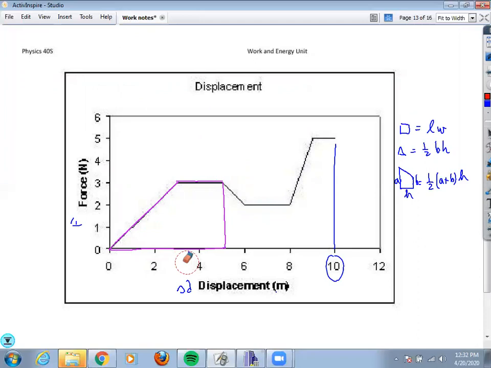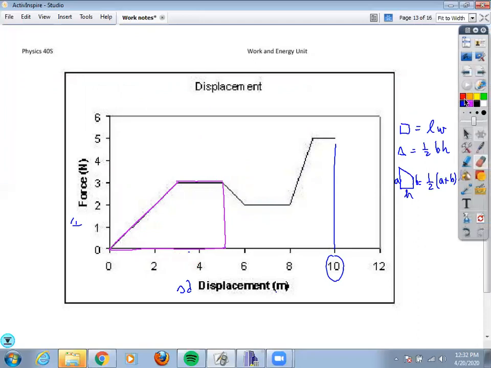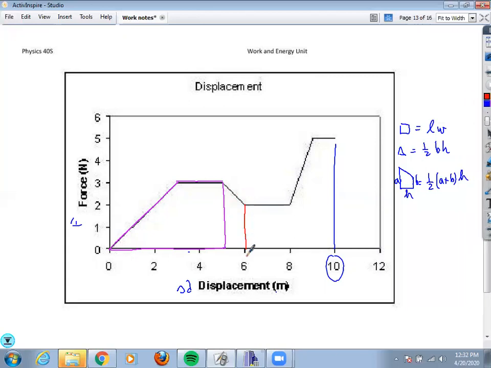Okay, so essentially what we have left are a few other sections. This is a trapezoid, so we've got 5 to 6, then we've got 6 to 8, and then we've got 8 to 10. Okay, so we have a trapezoid, we have a square, rectangle, and we have another trapezoid.